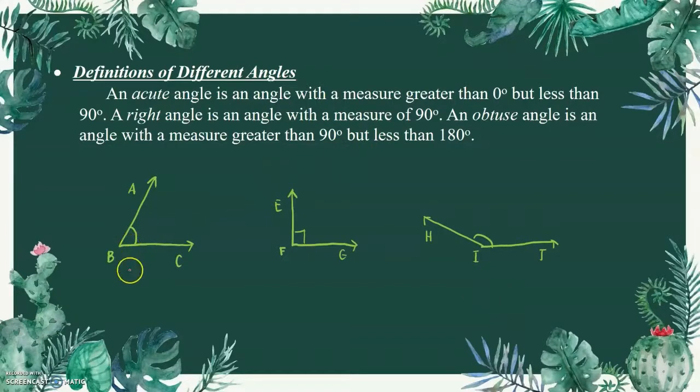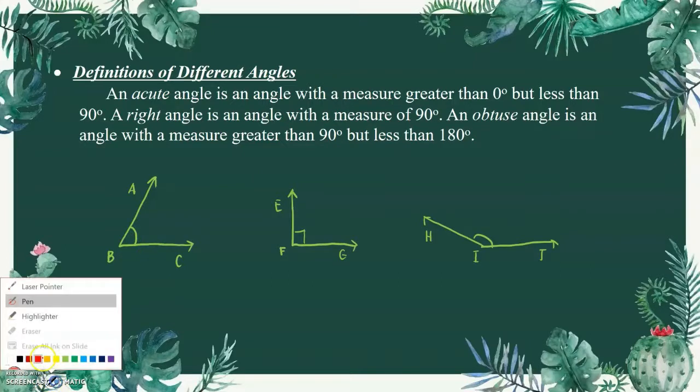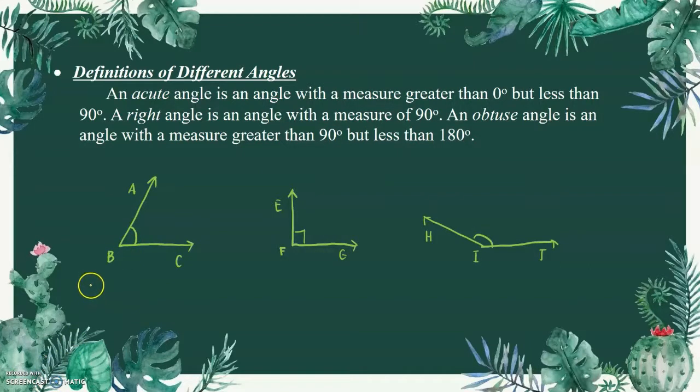Again, let's have a recap. Angle ABC is an acute angle. Why? Because angle ABC measures less than 90 degrees but greater than 0. Alright?